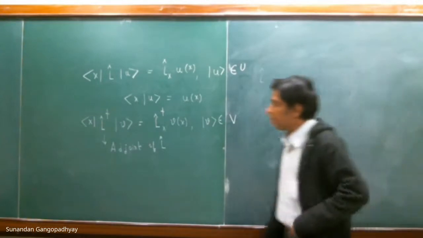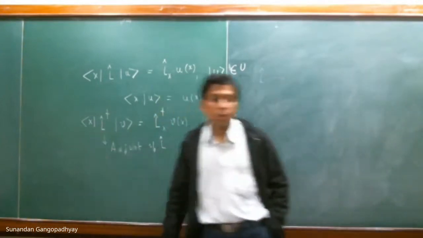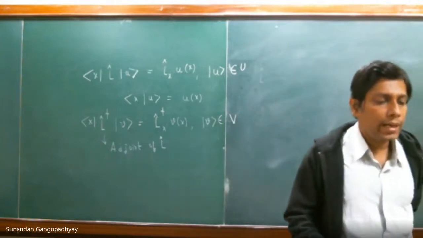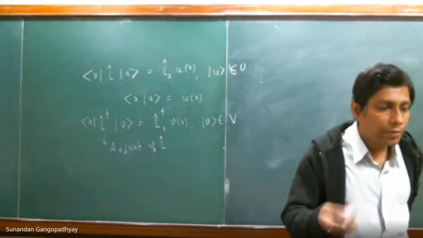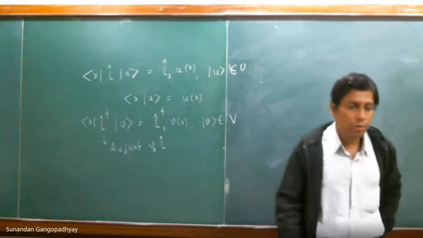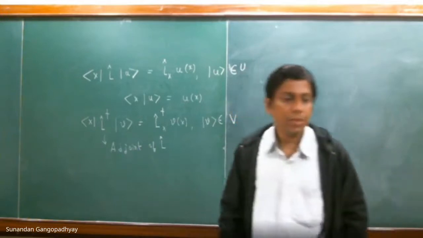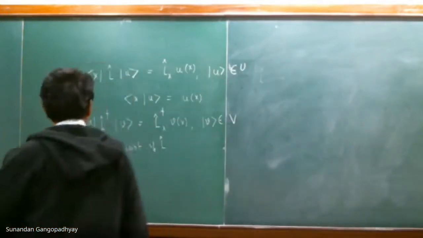So the question is, if I give you a form of a differential operator, if I give you an L hat, can you evaluate what is the adjoint of that L hat? How do you evaluate or find out the adjoint of that operator? There is a way in which you can do it. So let us see how you can do it.